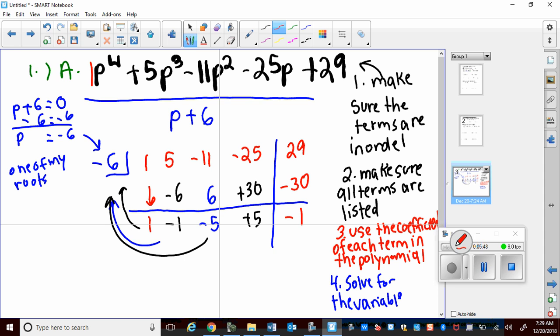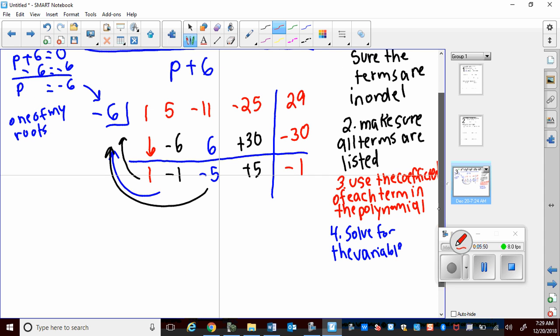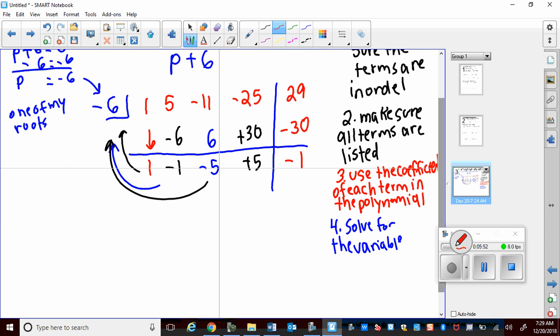So the final answer for the first one, in terms of p: we started off with p to the 4th originally, so now we start off with 1p cubed minus 1p squared minus 5p plus 5 with a remainder of negative 1.